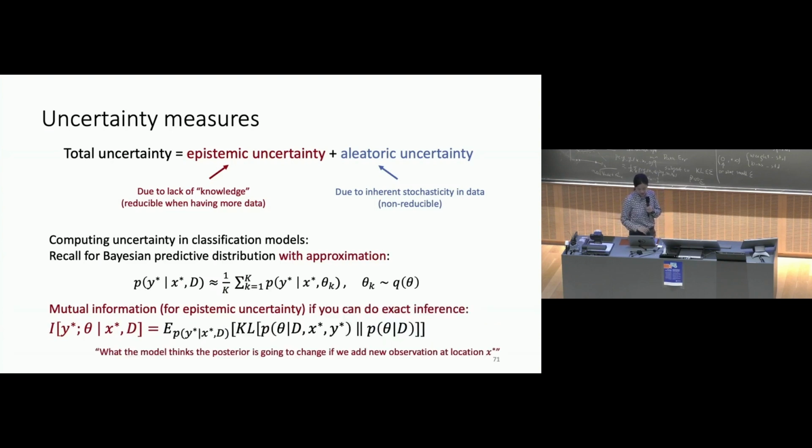The interesting thing here is you can also rewrite the mutual information term, at least if you assume you can do exact inference, in this way. Don't worry if you don't understand how this can be done, but the important point is the difference between these two distributions.